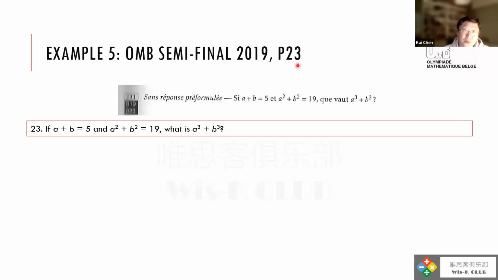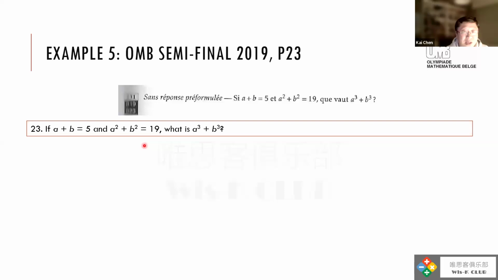Now we have also 4 examples from the mini level, for year 1 and 2. Okay. So if A plus B is 5, and A squared plus B squared is 19, what is A cubed plus B cubed?